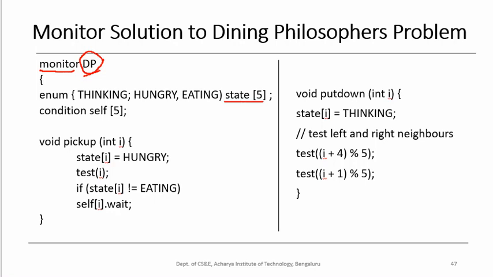So there are 5 elements, and each element could take on any one of these values. State of 1 could be thinking, hungry, or eating. State of 2 could be any one of these, for example, it could be eating. Like that.